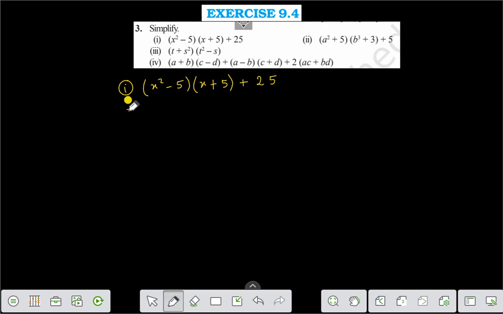That we are getting x square into x plus 5, x plus 5, minus 5 into x plus 5, plus 25, plus 25.